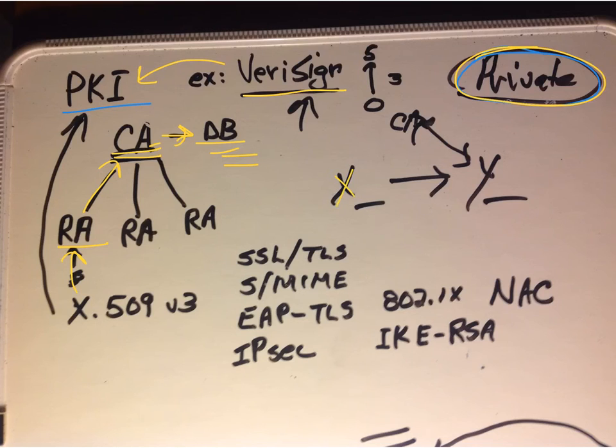So when company X is trying to reach company Y, company Y has their certificates, and so company X can always go to the certificate authority and check that certificate, make sure it's accurate. X would keep their private key, Y would keep their private key, and only the public key would be shared out here. So there's a couple different structures.